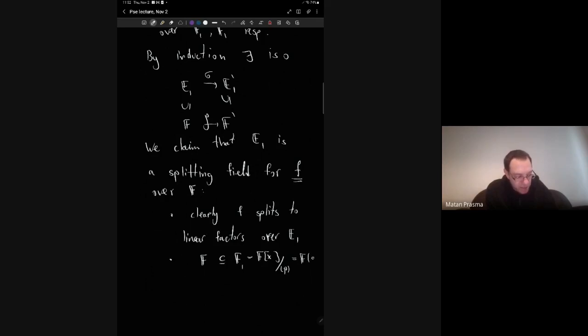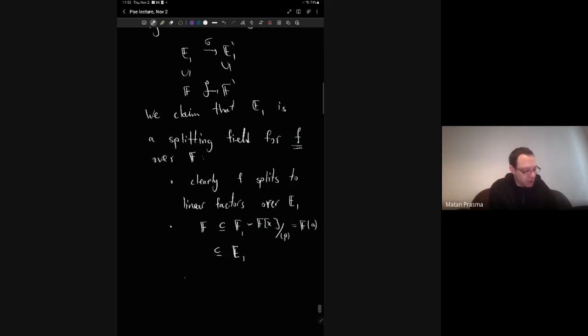This is the minimal field containing the root a. And then I extended it into a splitting field E1, which is by definition the minimal field containing all the roots of f1.